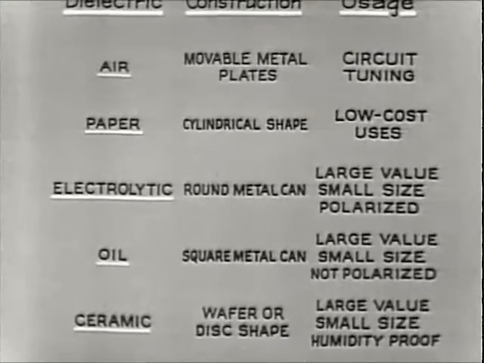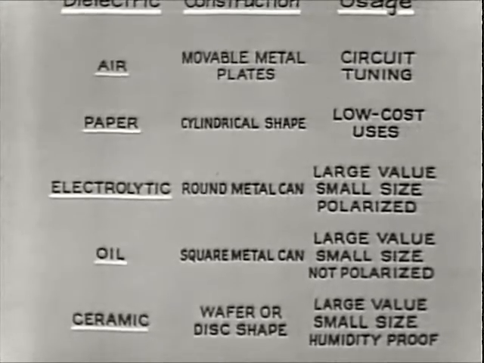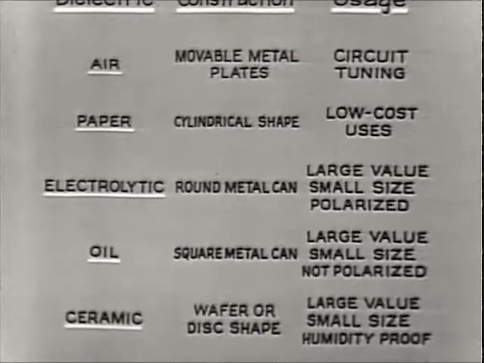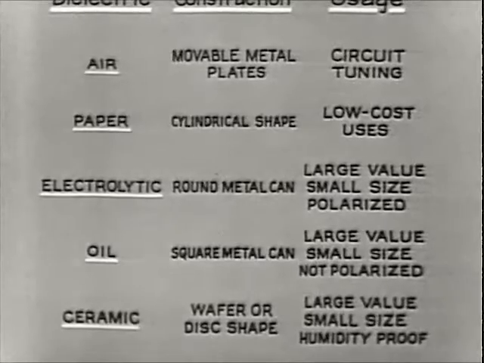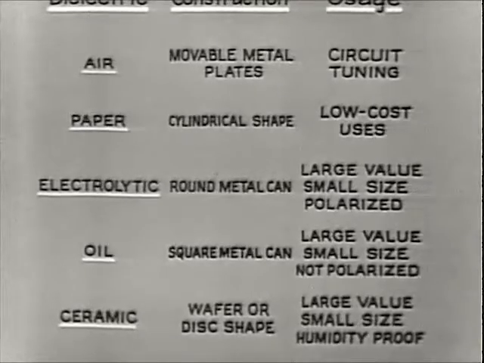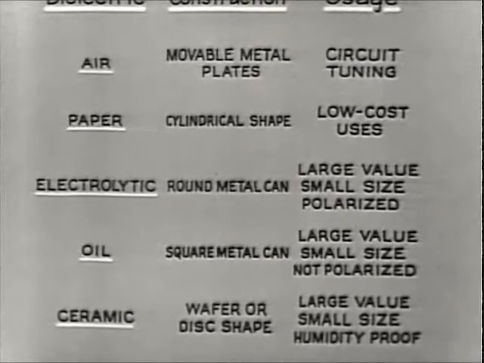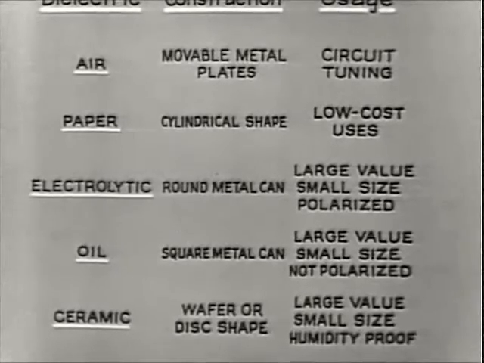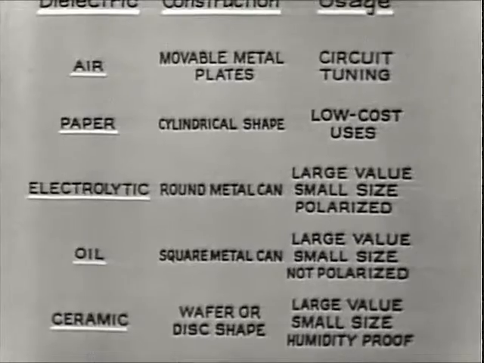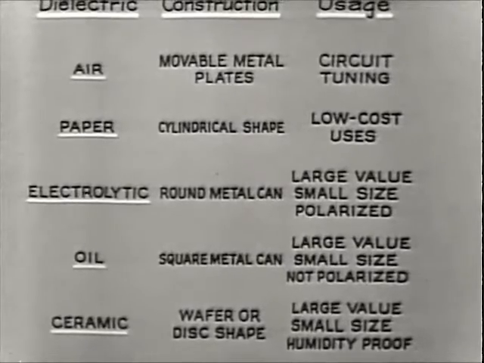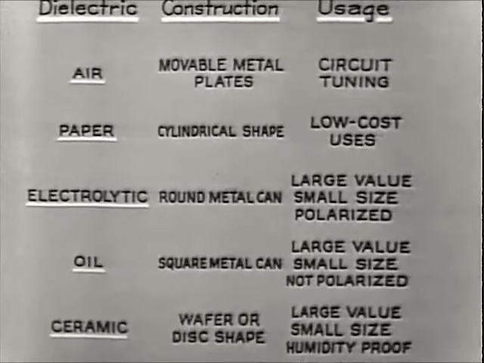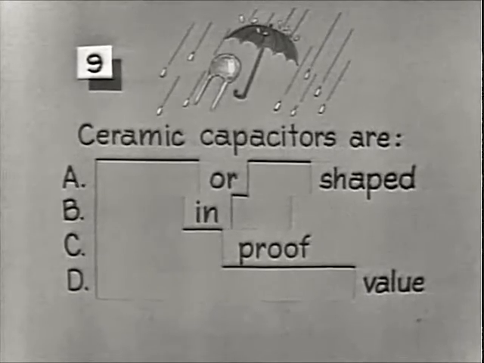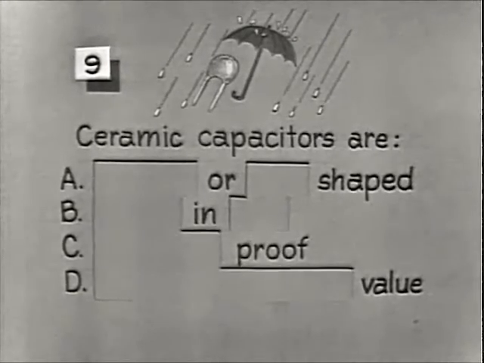Now we have discussed five different capacitors: air, paper, electrolytic, oil, and finally, the ceramic. The ceramic capacitor is wafer or disc-shaped, small in size, has small capacitance, and is humidity-proof. Now complete number 9 on your response sheet.